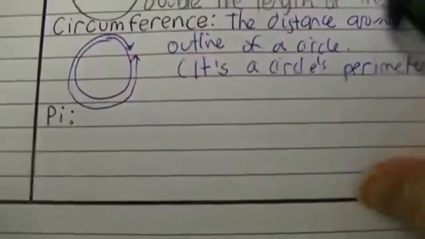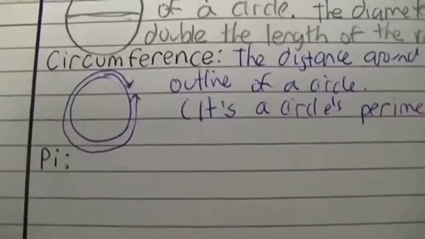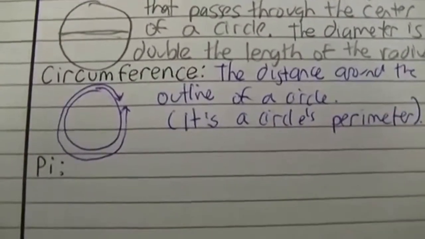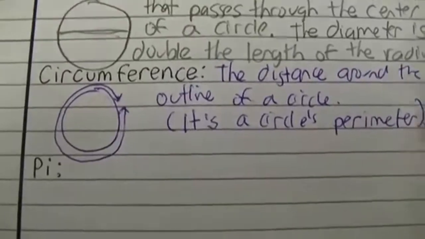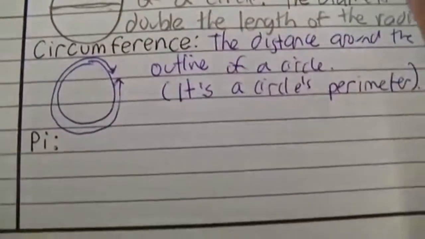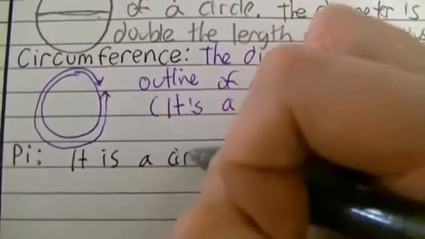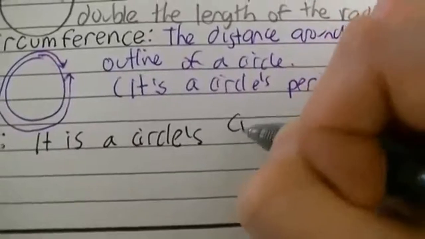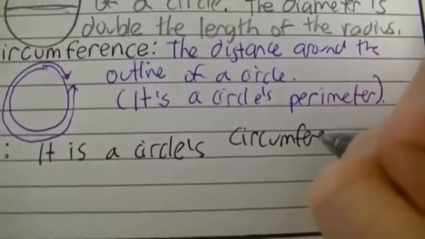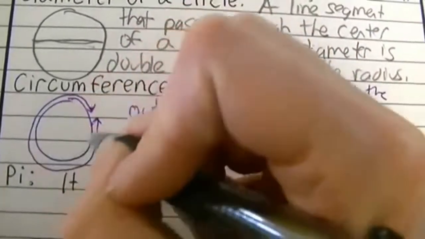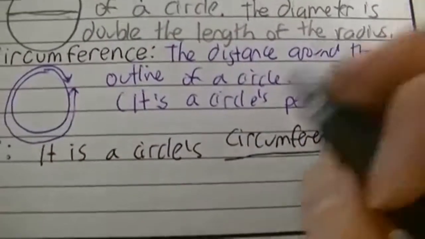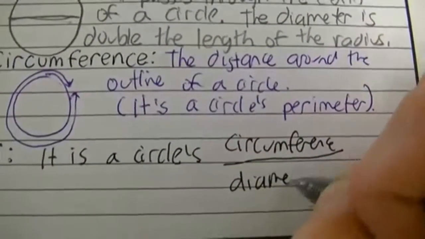Pi. Pi is the ratio between a circle's circumference and diameter. Okay. So here's what I would write. It is a circle's circumference, so this measurement around there, divided by its diameter.